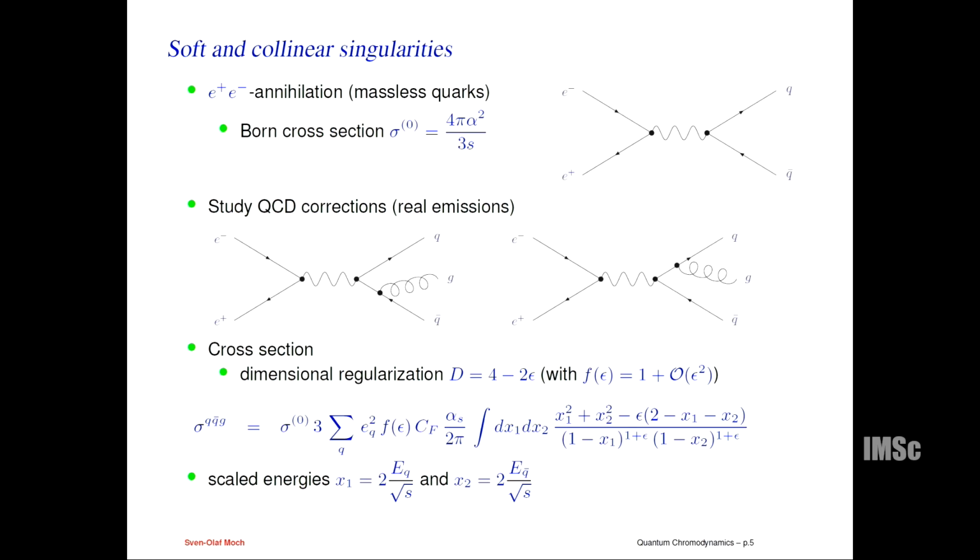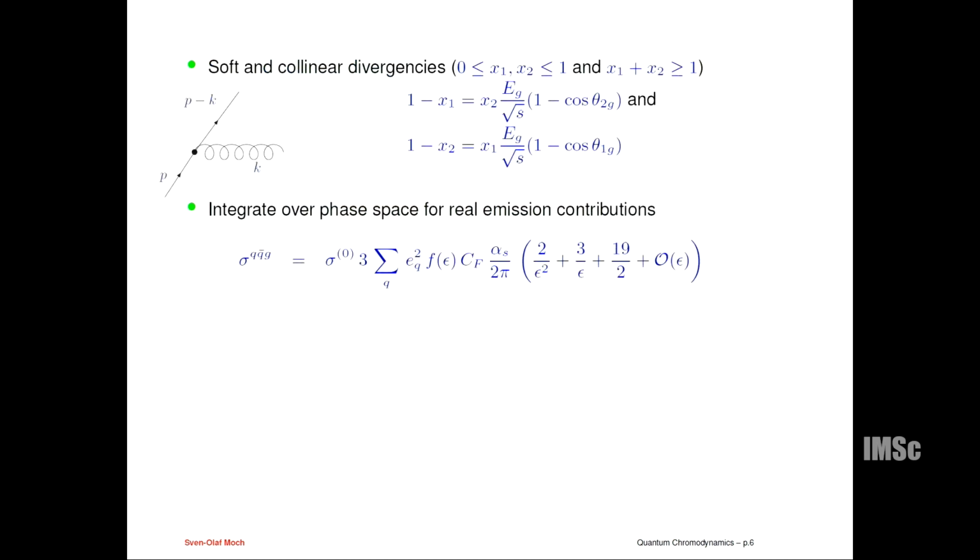So in this sense, I'm using dimensional regularization to regularize divergences which appear from phase space emission. This is not a UV divergence here. Right, it's not a UV divergence. So the type of divergence we are encountering here is soft and collinear divergences.